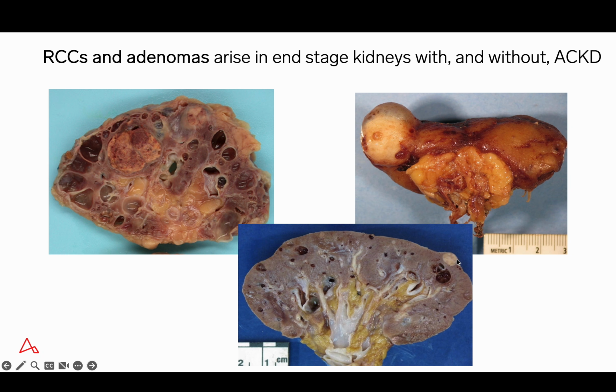Here is one that's probably about 5 or 6 millimeters in size, with a couple of millimeter size ones visible as well. Conversely, here's an example of an end-stage kidney without acquired cystic kidney disease in which a papillary renal cell carcinoma has developed.